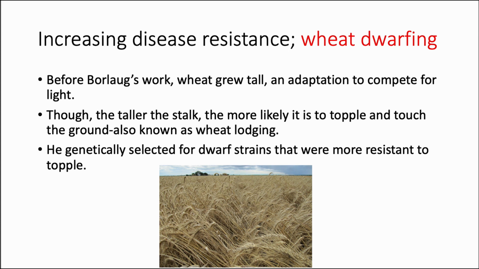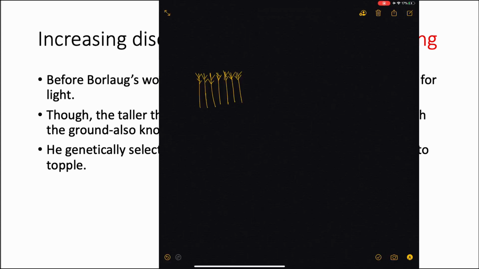Basically, Norman realized some underlying mechanisms that were happening with rust and the infectivity of rust on wheat plants. He was literally looking at a field of wheat, and it was a rather windy day.